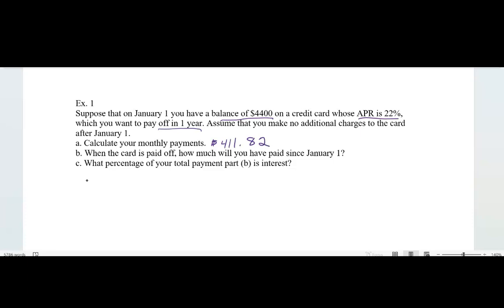$411.82. Now it says when the card is paid off, how much will you have paid since January 1st? So when the card is paid off, so that's part B. I'm going to jump it down here so I have more room to make some calculations. Well, think about what your total payments are.